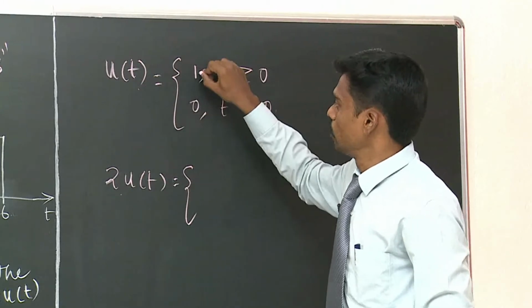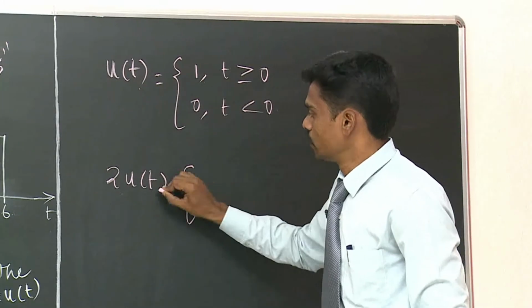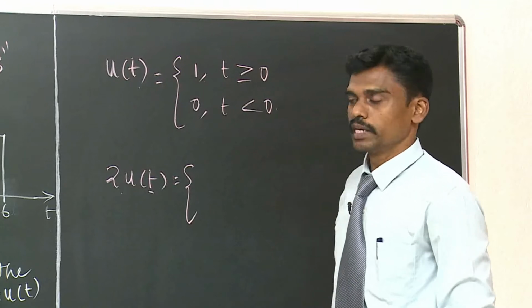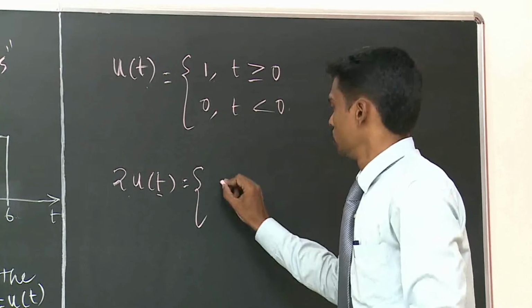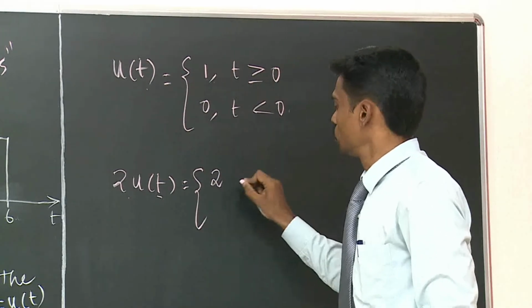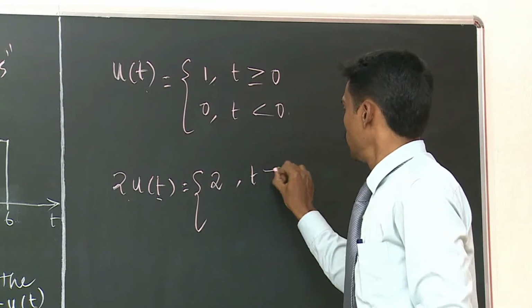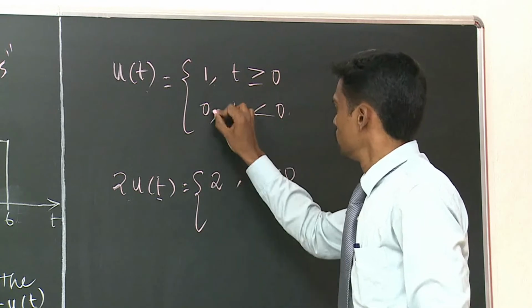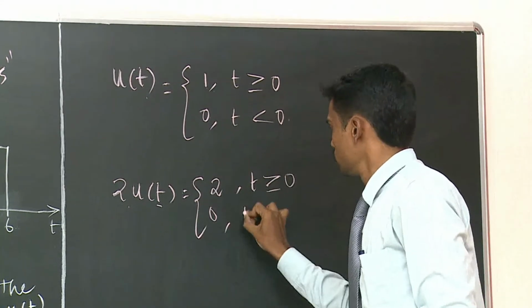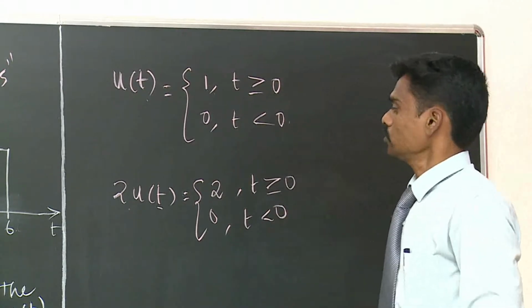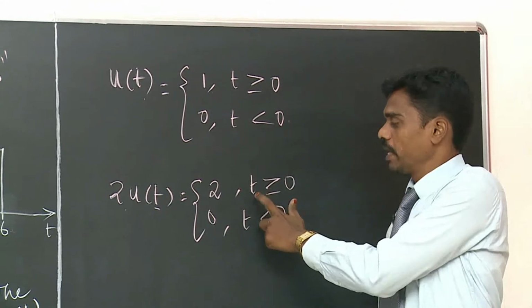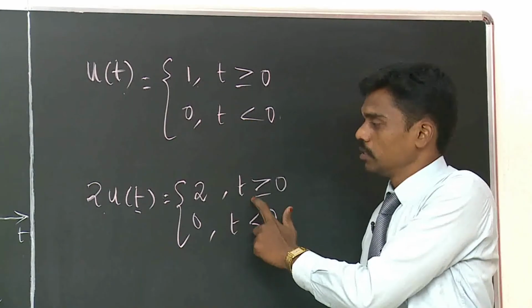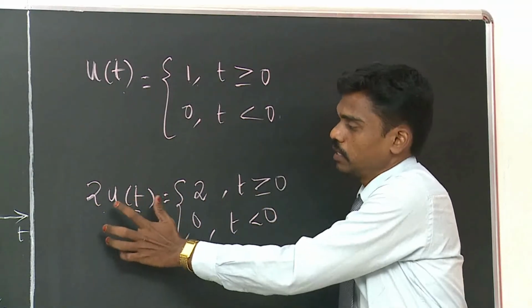The u of t value will be multiplied by 2 directly without changing my time. I have not scaled time here, I have scaled the amplitude. So 1 into 2, 2 for t greater than or equal to 0, 2 into 0, 0 for t less than 0.